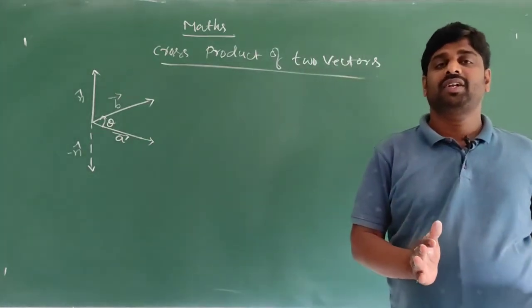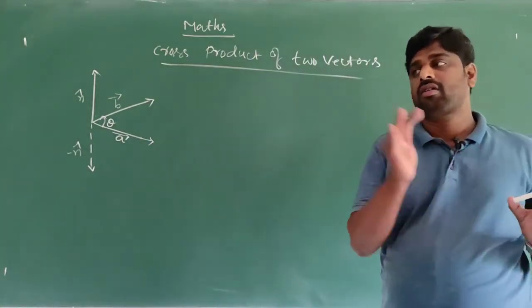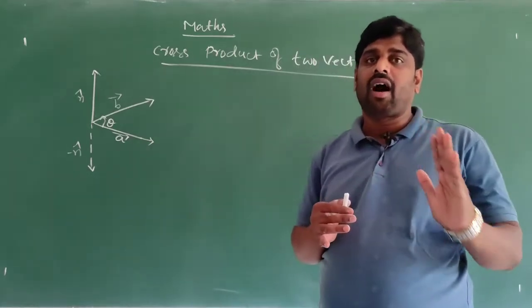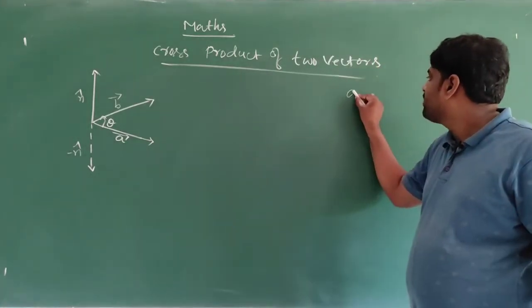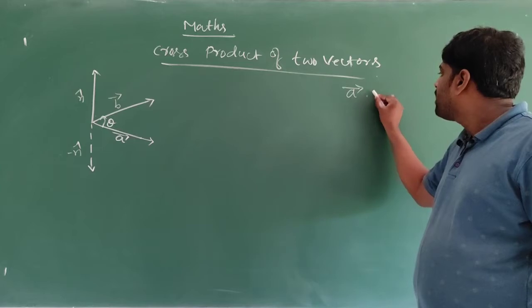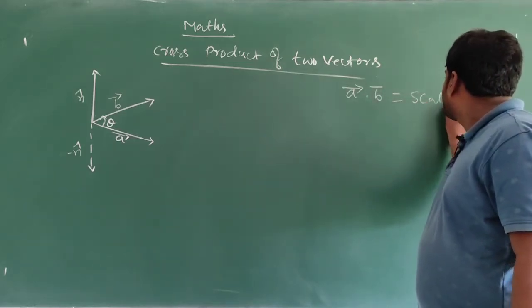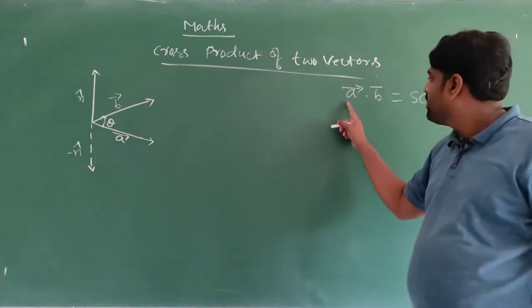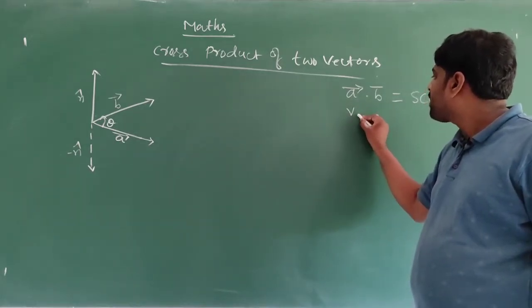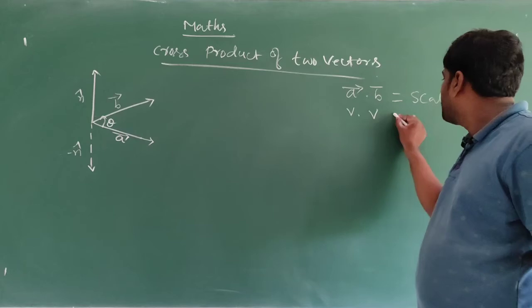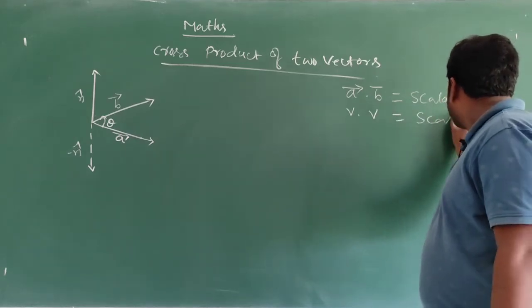What is the difference between the dot product and the cross product? For a bar dot b bar, you will get a scalar, and that is called the dot product. Here a bar is a vector and b bar is a vector, and you get a scalar.